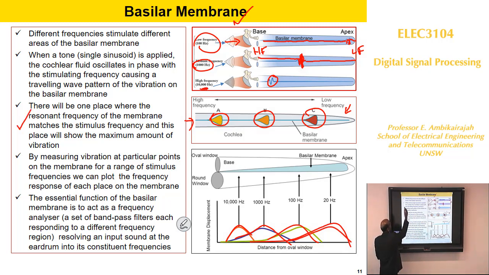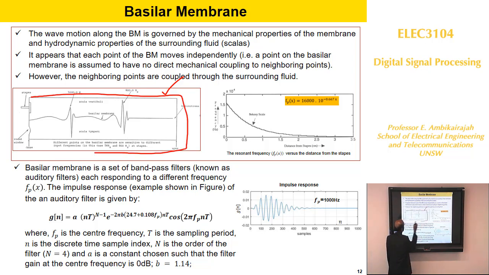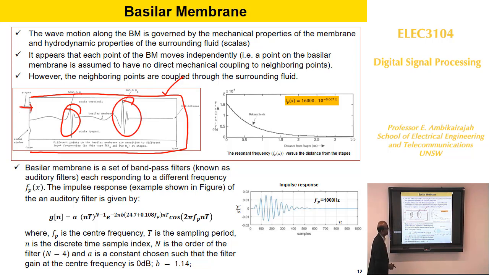You can read through all of these, and I'm just giving you enough explanation. Let's look at the basilar membrane again, and this is a simulation done by us some time ago, showing a cochlea as a rectangular kind of box, and there are 2 frequencies at that point. It resonates at 2 places.